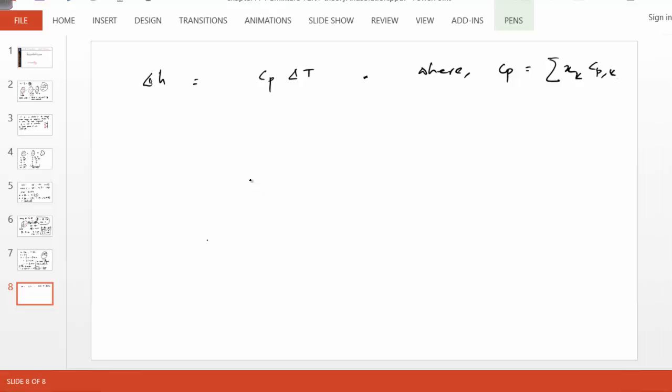Likewise, if you go for entropy, on the other hand, it is a function of pressure and temperature. We know delta S is given by Cp ln T2 over T1.